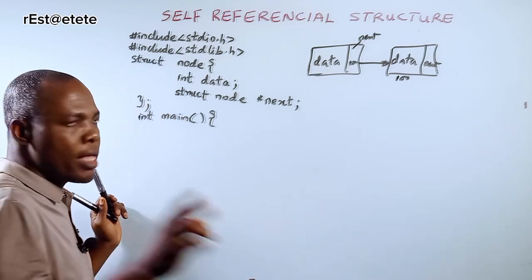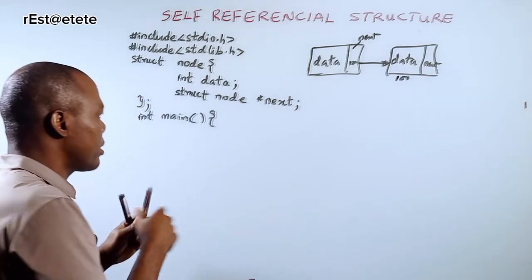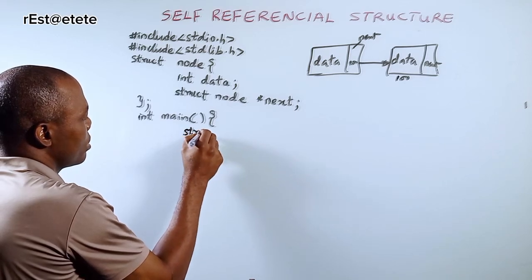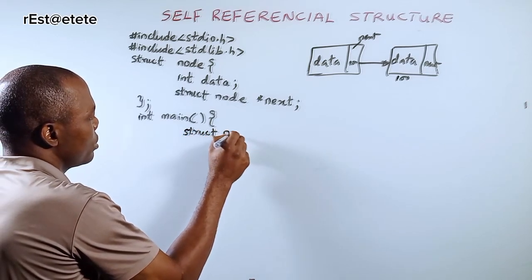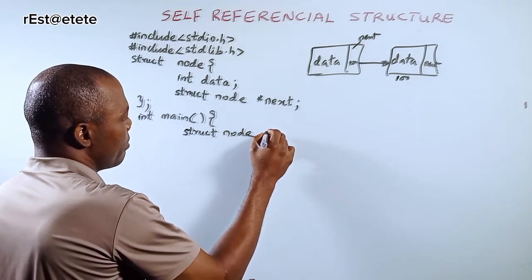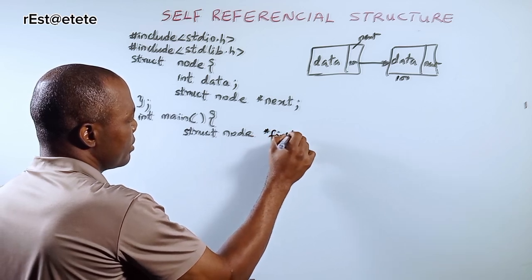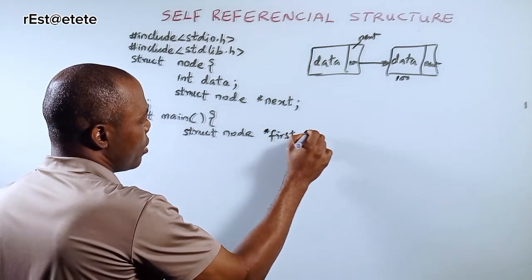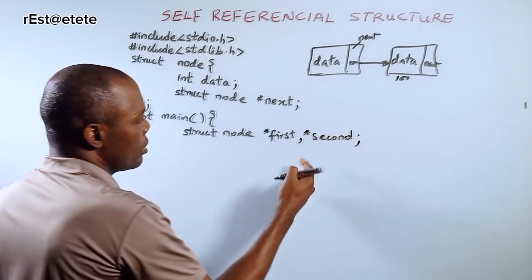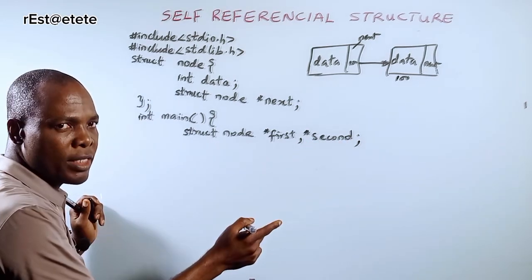Since I want to create just two variables, I'm going to create two pointers. So that would be struct node, then I'll call the first one first, and the second one second. Since the pointers are the same data type, I'm just putting them on the same line.